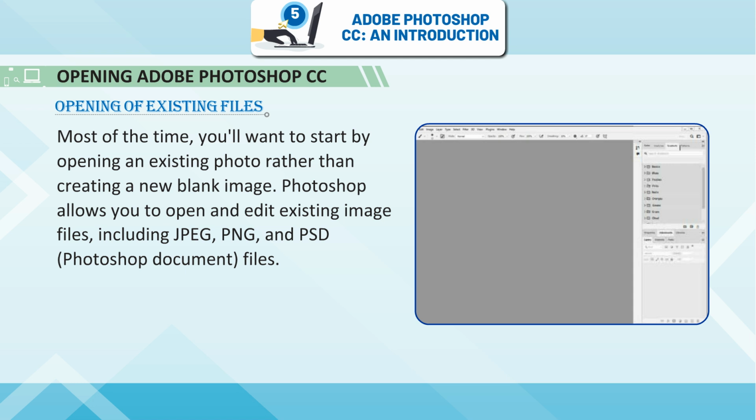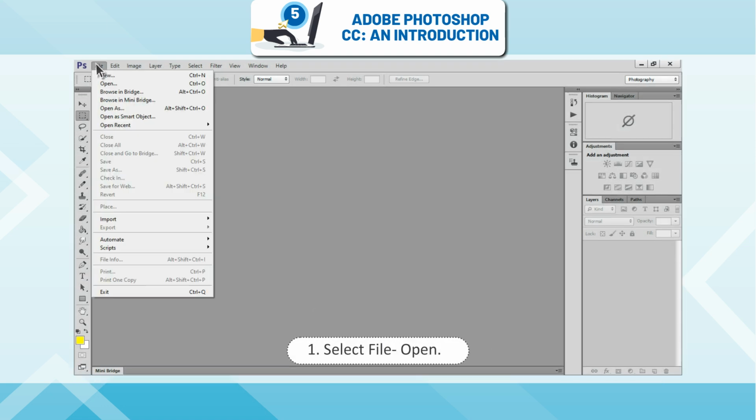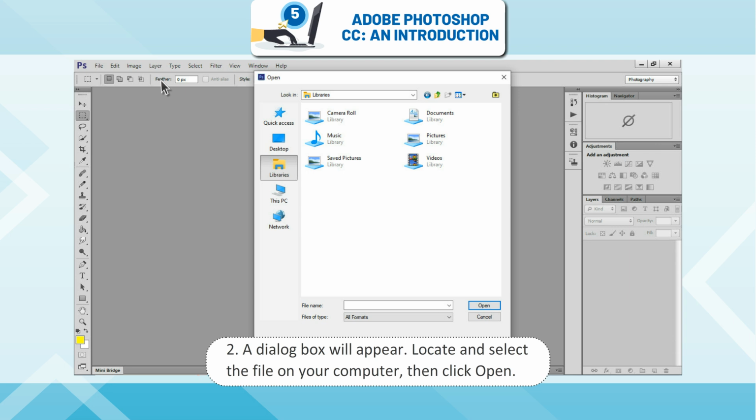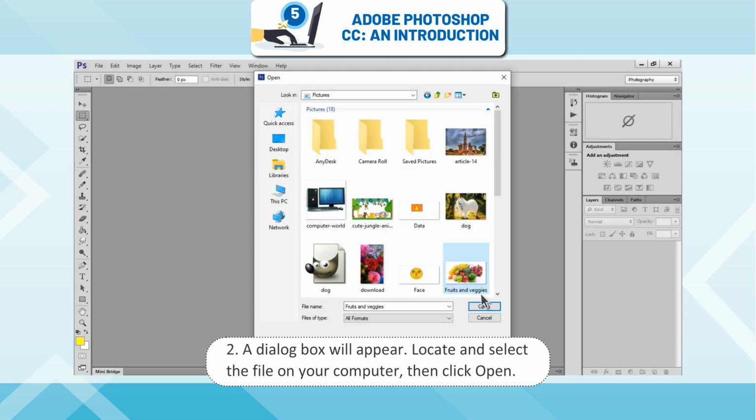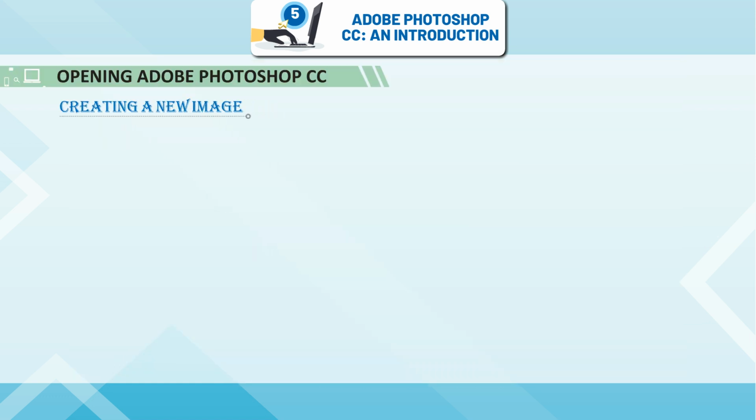Photoshop allows you to open and edit existing image files including JPEG, PNG, and PSD, Photoshop document files. To open a file, select File, Open. A dialog box will appear. Locate and select the file on your computer, then click Open. The file will appear in Photoshop.